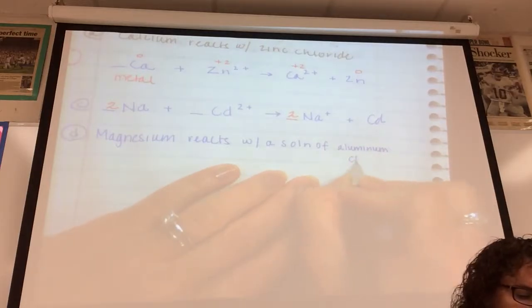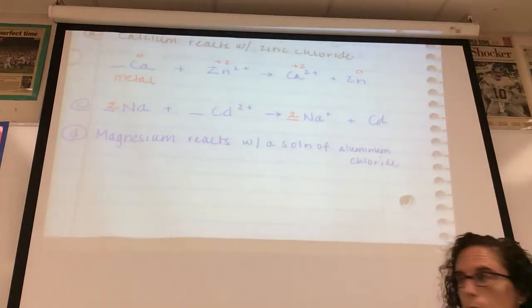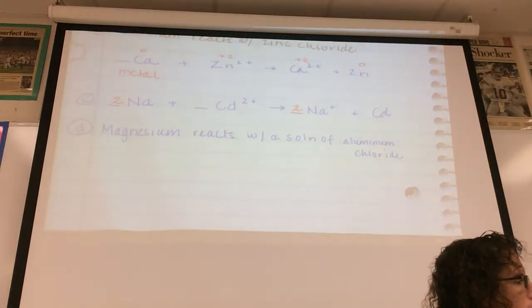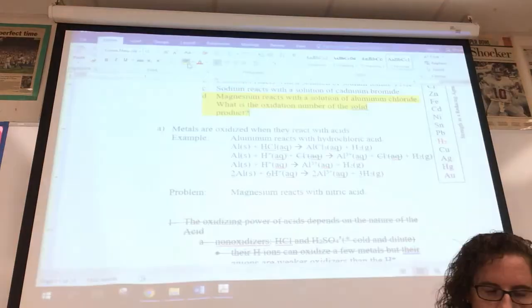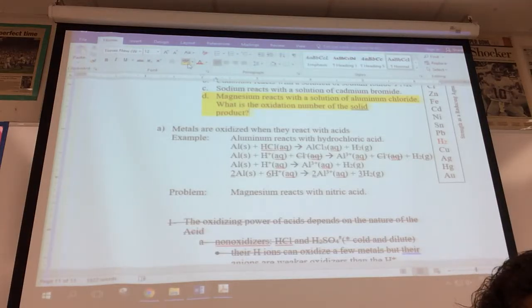And it did ask for the oxidation number of the solid product as well, so we'll hit that. Give it a shot. It's highlighted in yellow on the screen. This one's a little bit of a stinker to balance, so just have patience with it.